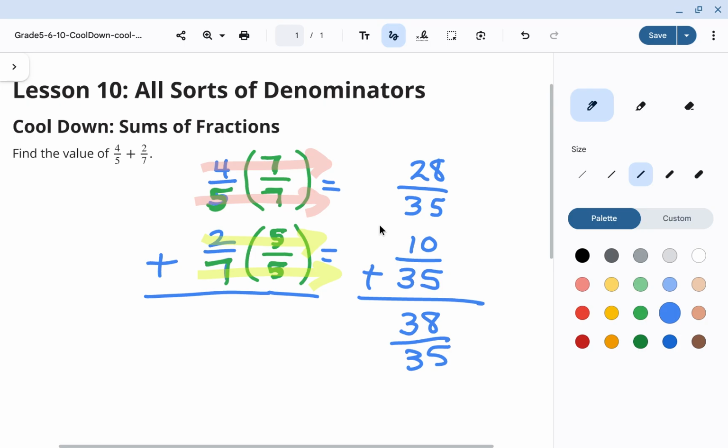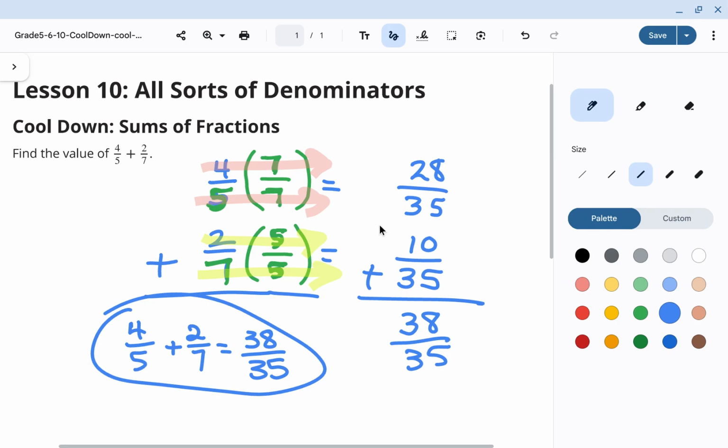We have found that 4/5 plus 2/7 equals 38/35. And notice I solved it by writing those vertically, multiplying by the other denominator so that we arrived at our common denominator of 35. Boys and girls, that finishes out this lesson 10.